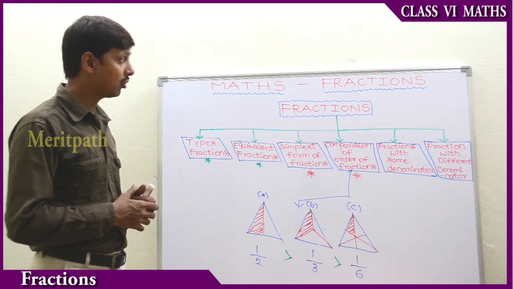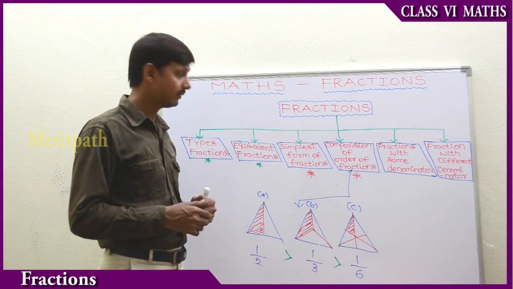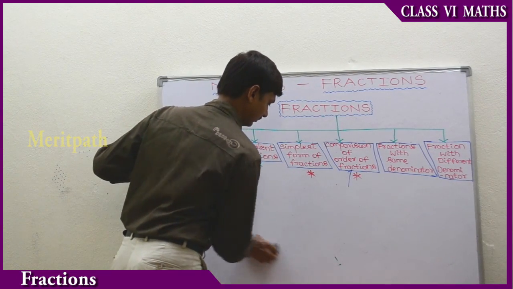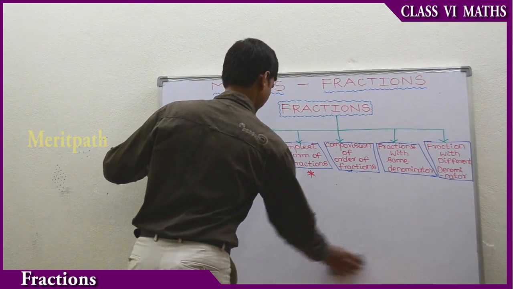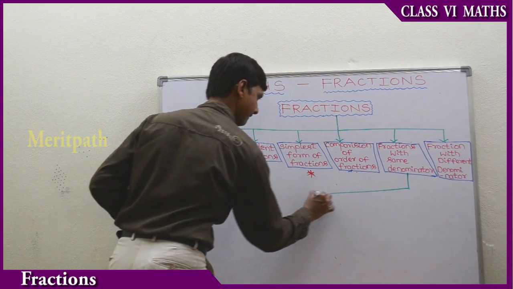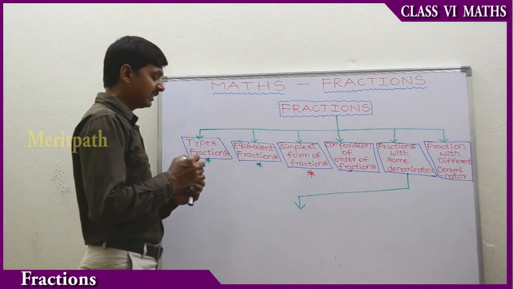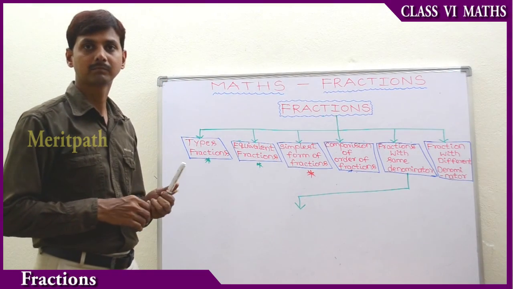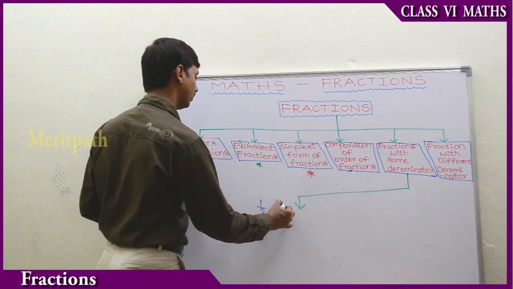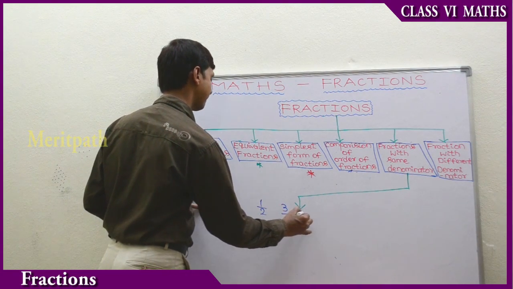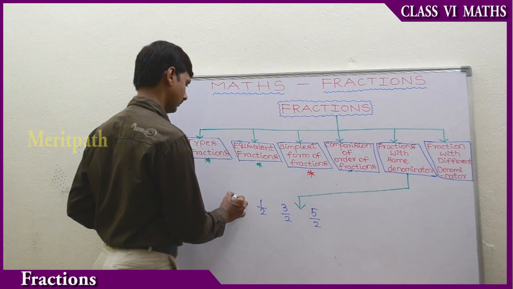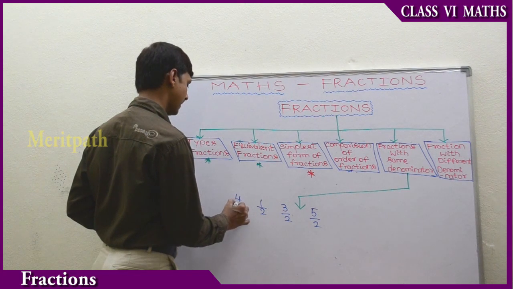Let's see the next concept, that is fractions with the same denominators. 1 by 2, 3 by 2, 5 by 2, 4 by 2.